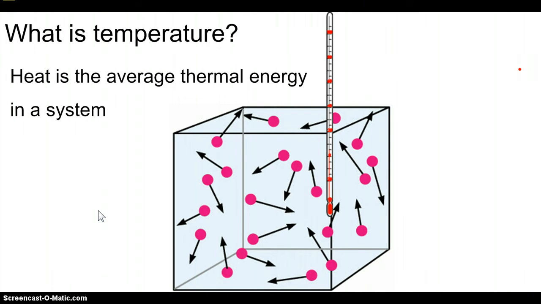Average means you add up the thermal energy of every molecule and you divide by the number of molecules you have. It's not the total, it's an average. So you can have more heat in a system that has a lower temperature, and that can be confusing, so let's look at that.